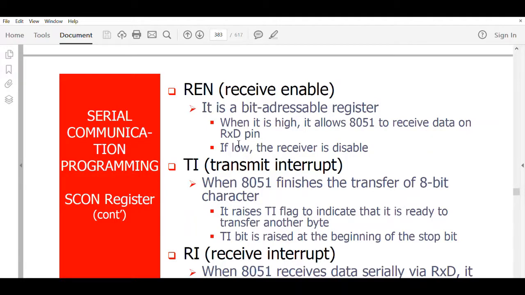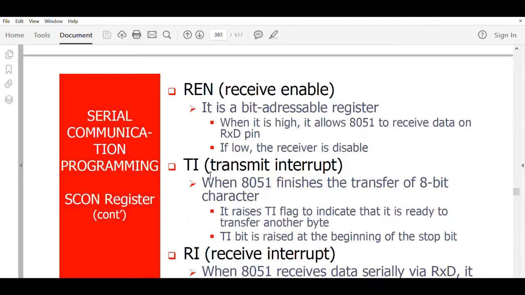At the receiver end, the data will be available at the received data pin. In order to receive that, first this bit should be made equal to 1. Only then can the receiver 8051 receive the data. If it's low, then the receiver is disabled.